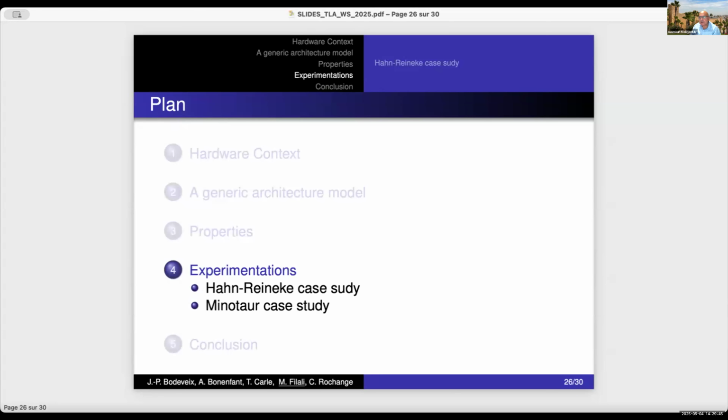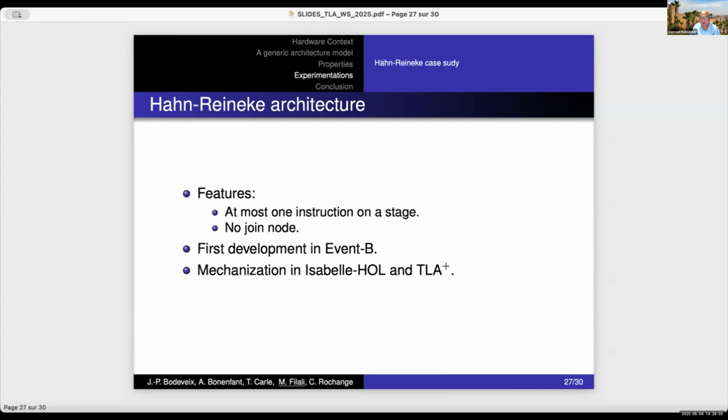For the experimentations, we have considered two basic architectures, as we have already said, the Hahn-Reinecke case study and the Minotaur case study. For the Hahn-Reinecke architecture, we have recalled its features. It is a simple architecture with respect to the Minotaur architecture.